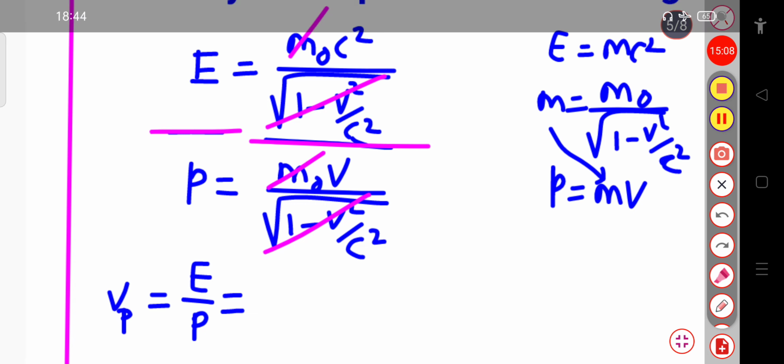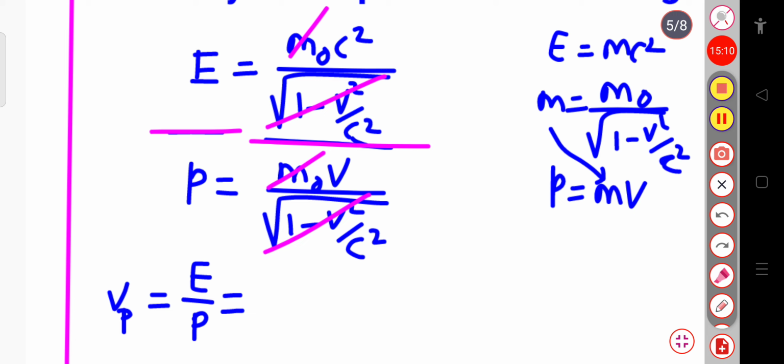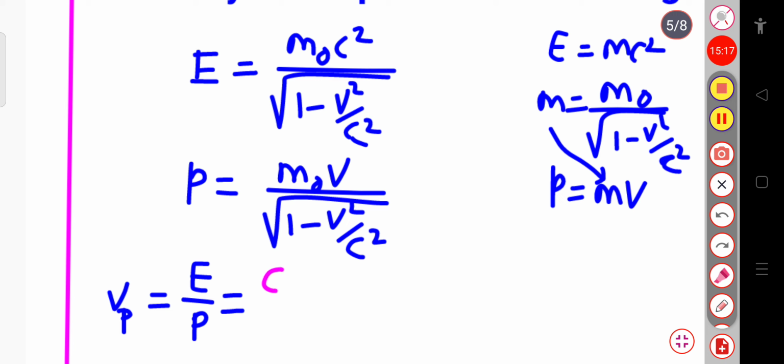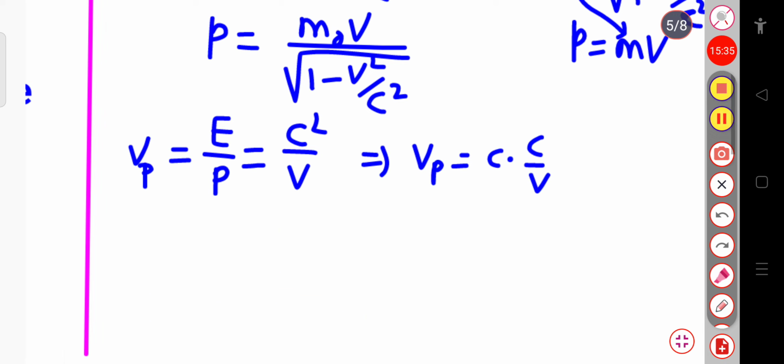So the remaining term will be c square divided by V. So this will be equal to c square divided by V. Or here you can see that Vp, the phase velocity, equals c into c by V.